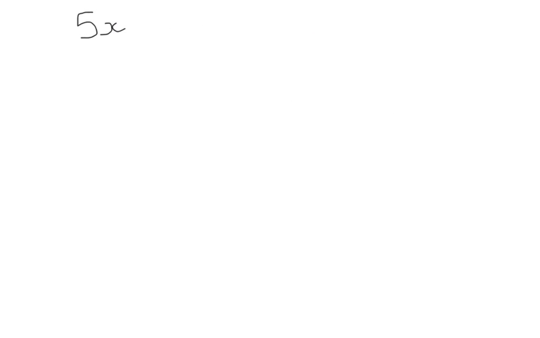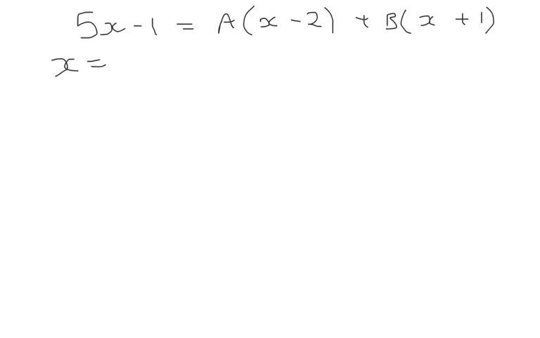5x subtract 1 equals a bracket x subtract 2 plus b bracket x add 1. Look for another easy value of x. So this time look at the other bracket, x plus 1, and choose x as negative 1. That bracket will end up being 0.